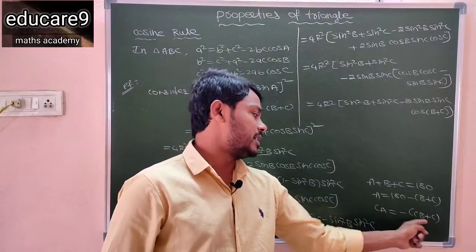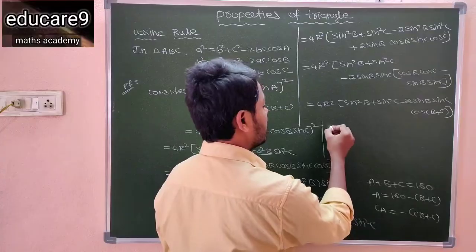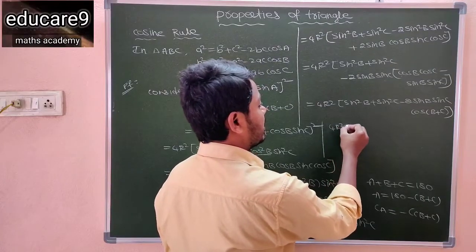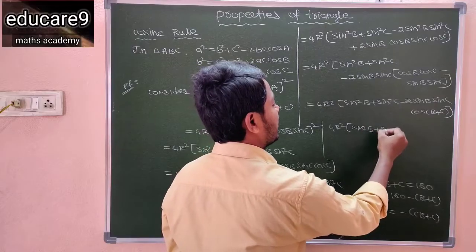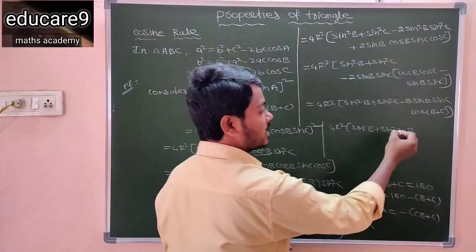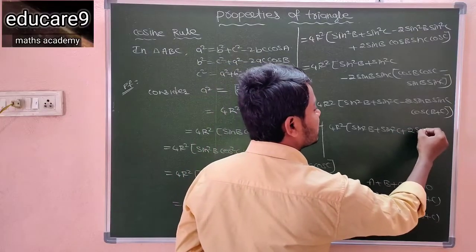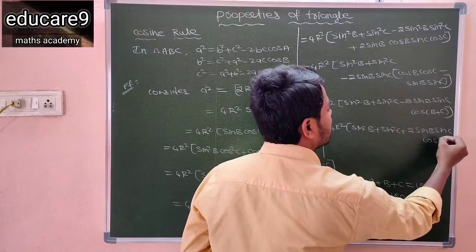Therefore cos (B + C) is written as minus cos A. So right here, 4R squared into (sin squared B plus sin squared C, minus into minus plus 2 sin B sin C cos A).